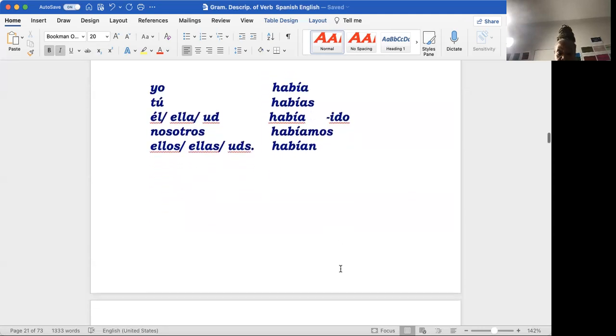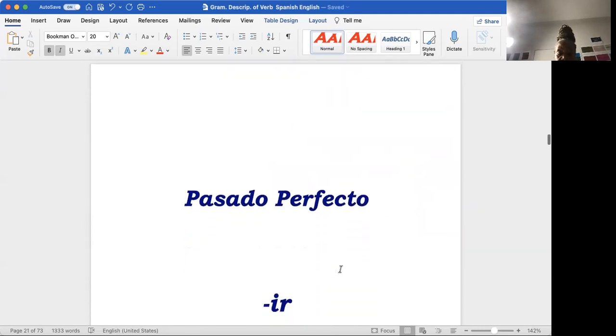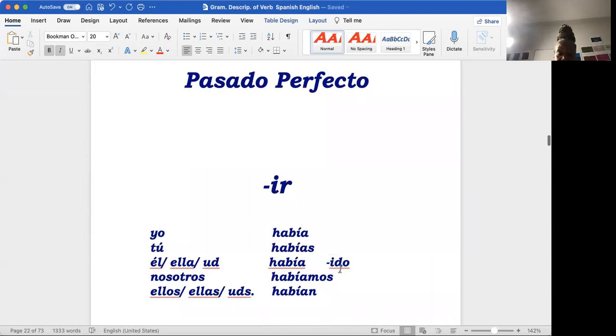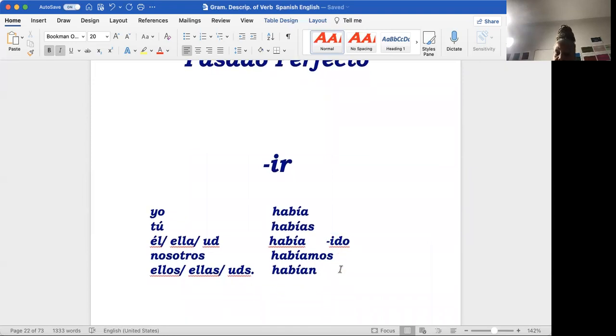Okay, and let's look at one more, because we have to look at the IR. Same thing as the ER, but the verb must end in IR versus ER. It's an IR verb, so it's había vivido, habías vivido, había vivido, habíamos vivido, habían vivido.